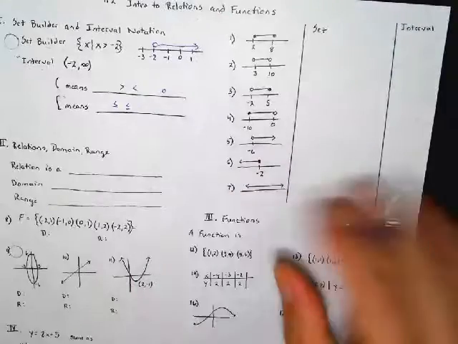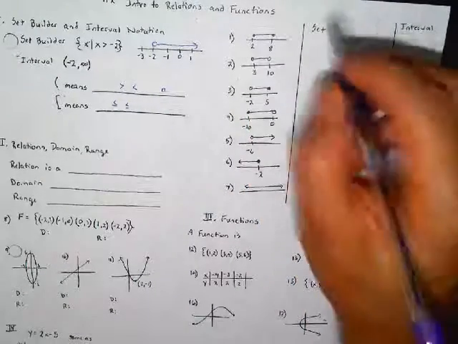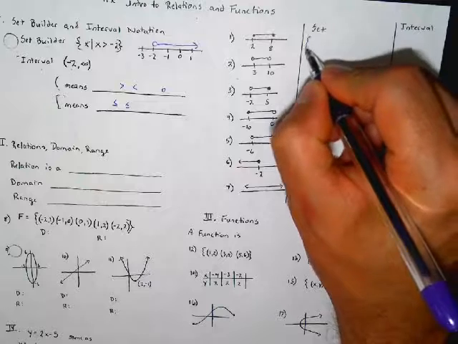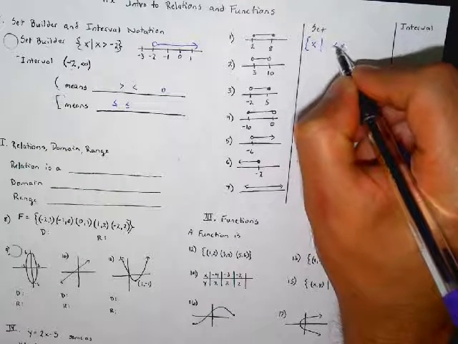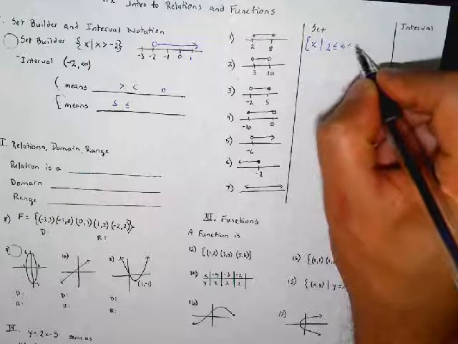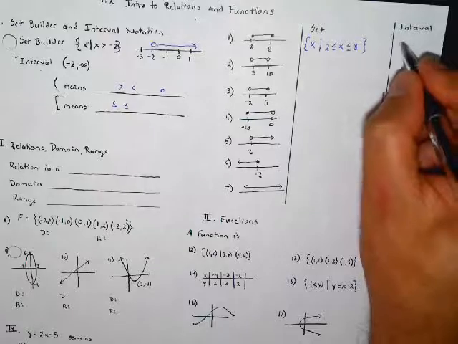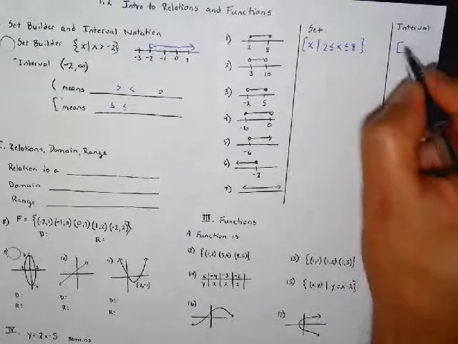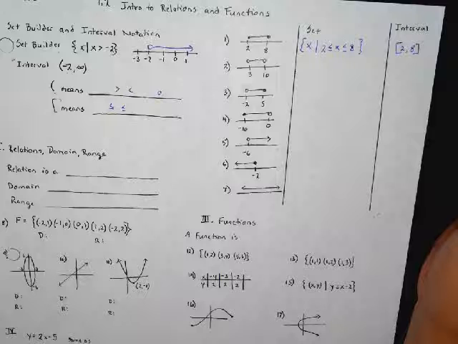Okay, so here's some examples. We have all the numbers between 2 and 8, including 2 and 8. So in set notation, we would say x such that x is greater than or equal to 2, and x is less than or equal to 8, end brackets. In interval notation, since it's or equal to, it's between 2 and 8 with brackets.